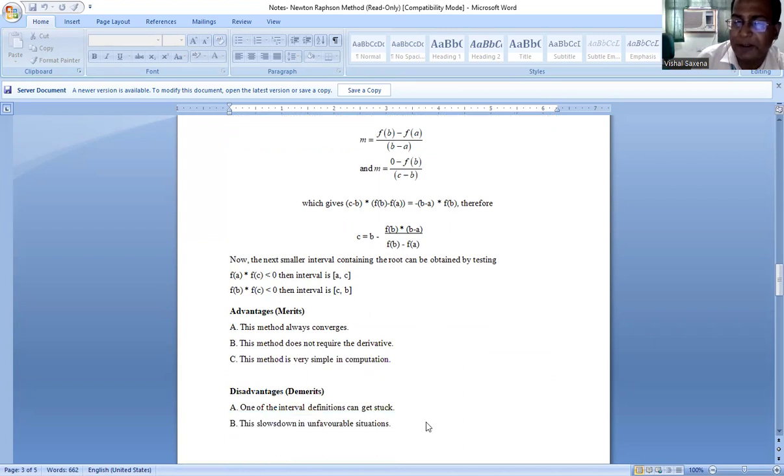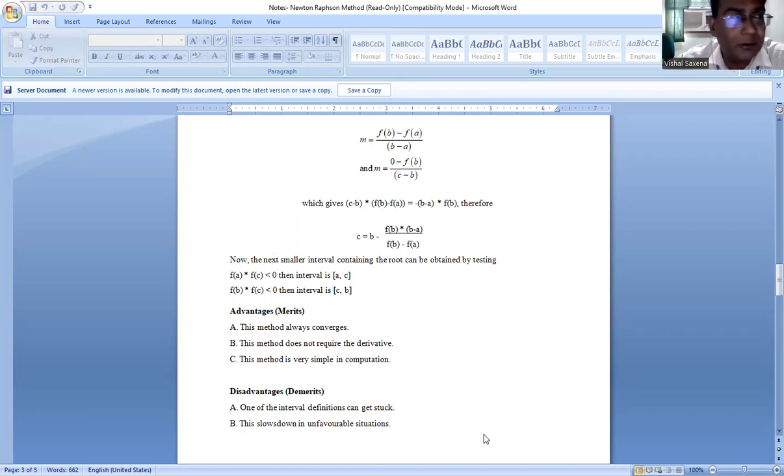Now, next, the advantages and disadvantages of the regular falsi method. The first advantage is that this method is always a converging method, so when we apply it, the root can be obtained. Second, this method does not require the derivative term.